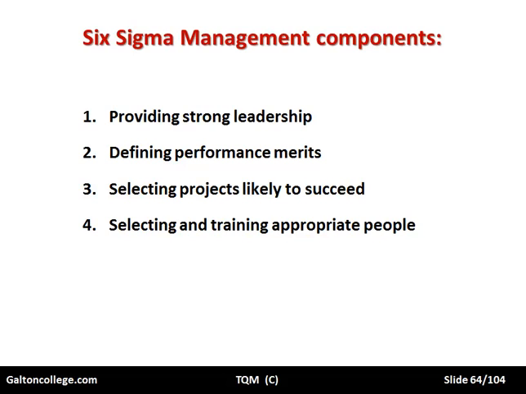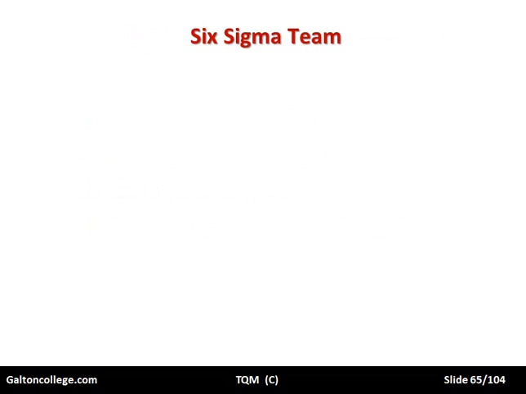Make sure that people are selected and trained to be familiar with the requirements of Six Sigma, and they will engage in the efforts to try and achieve Six Sigma. They will try to achieve no defects. Well, the team should be, of course, top management.